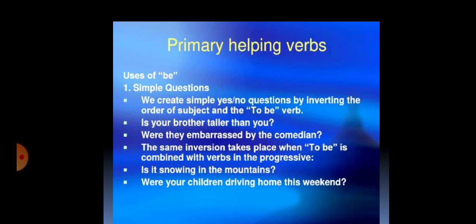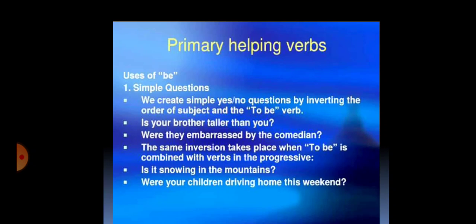Now let us see the uses of helping verbs. First we take the be form. The be form is used in framing simple questions. We create simple yes no questions by inverting the order of subject and the to be verb. For example, is your brother taller than you? Were they embarrassed by the comedian?